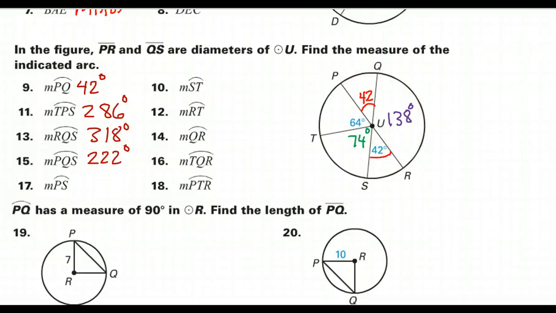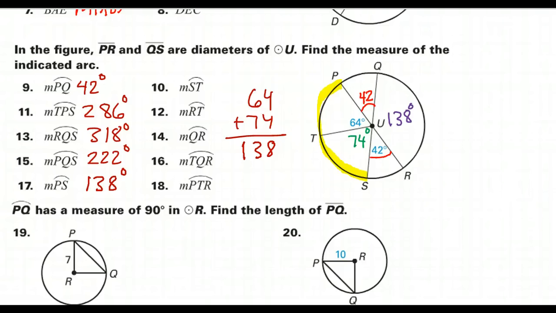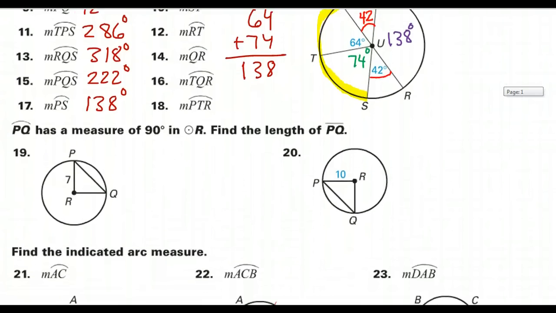So arc PS, we will definitely do from P to S the shortest way possible. So I'm simply going to add these, the 64 plus the 74. And that is 138. So that's 138 degrees. Okay, so that gives you a feel for how those types of problems work.